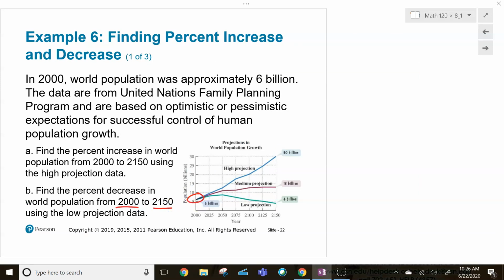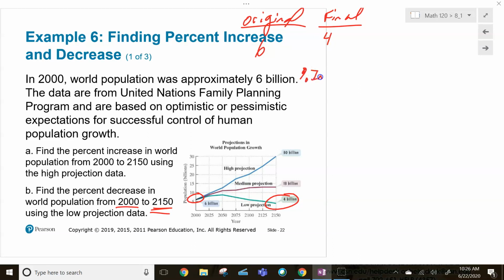Okay, so we're starting at 6 billion. This is our original amount, 6 billion in the year 2000. We're going to 2150. This is the low projection, right? So this is the pessimistic projection that we actually decrease in our population growth to 4 billion. So our final amount is only 4 billion.